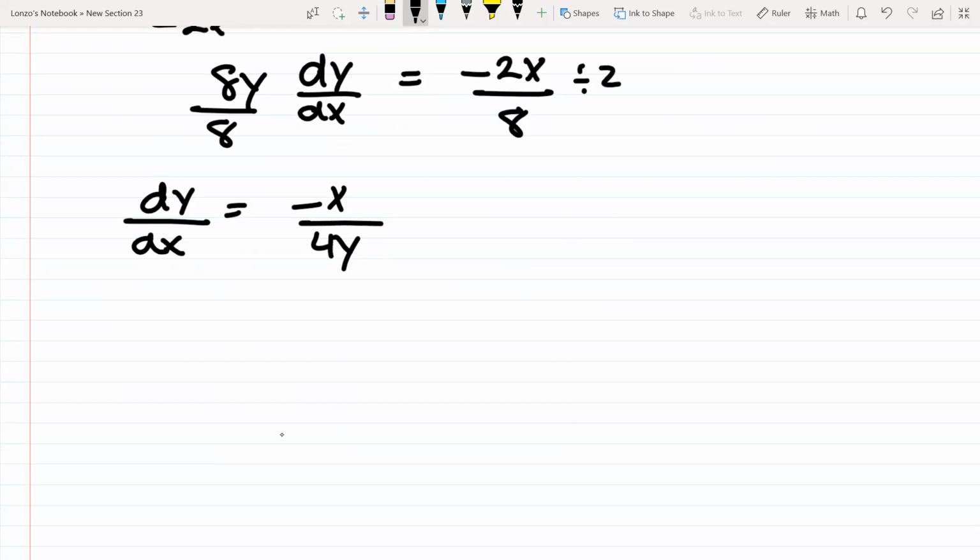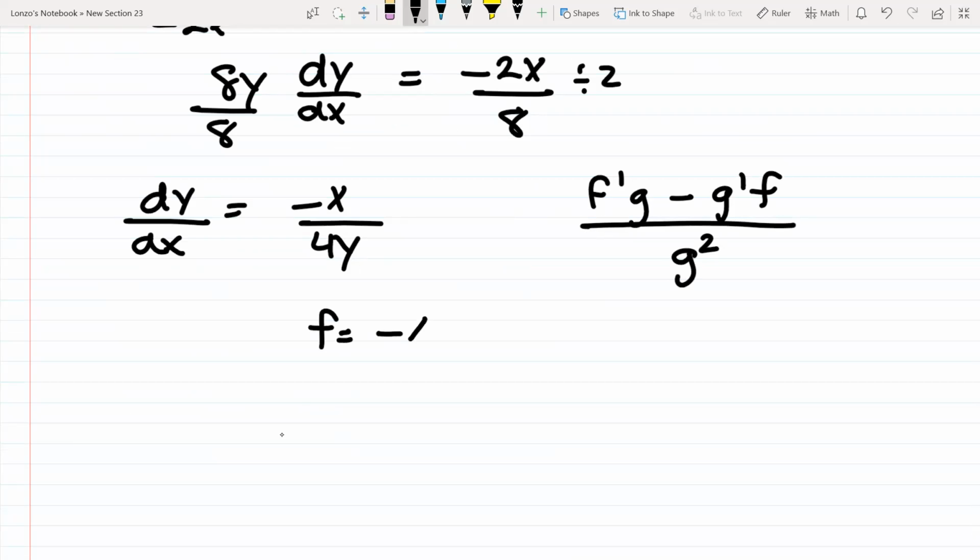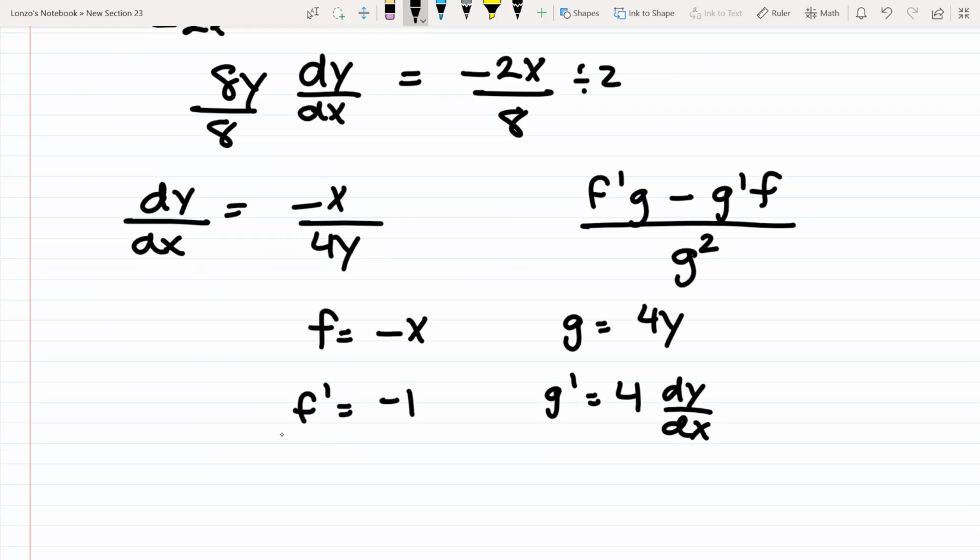So we have to take the derivative of this by using the quotient rule: f prime g minus g prime f all over g squared. So our f is negative x, f prime is negative 1. You have the option of putting dx over dx, but that cancels. And then our g is 4y, and g prime would be 4 dy over dx.